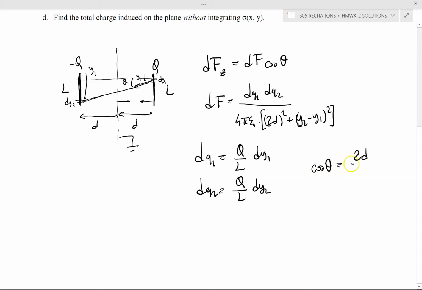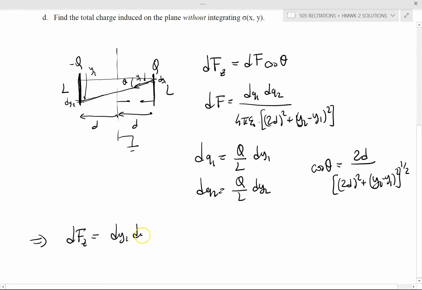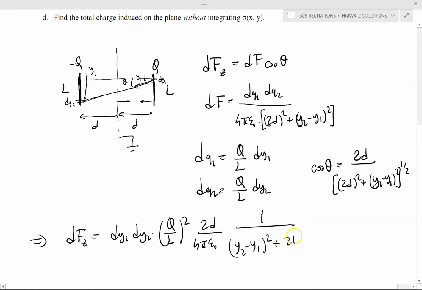Cosine theta is 2d divided by (2d squared plus (y2 minus y1) squared) to the power of 1 over 2, which means that in overall dFz is equal to dy1 dy2 Q over L squared, right, 2d over 4 pi e0 multiplied by 1 over ((y2 minus y1) squared plus 2d squared) to the power of 3 over 2.